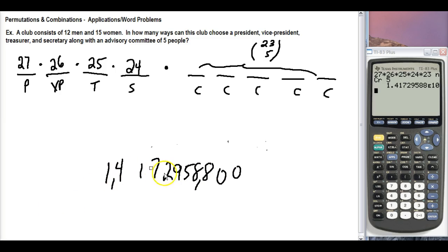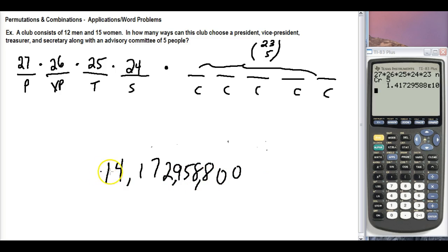So that means we should have a comma there, and we need to have a comma before the 4. And so that's our number here.